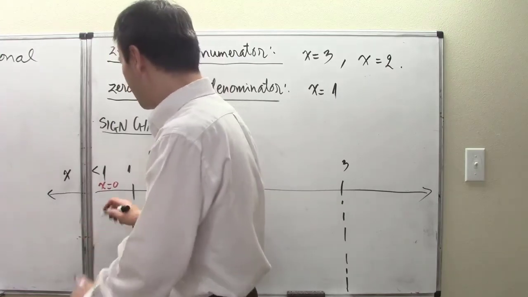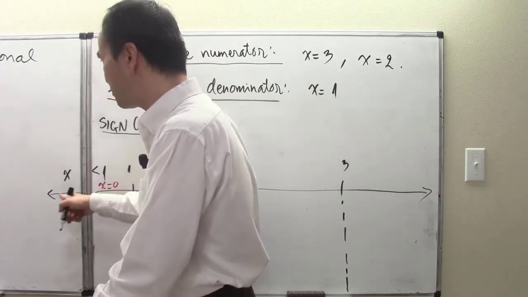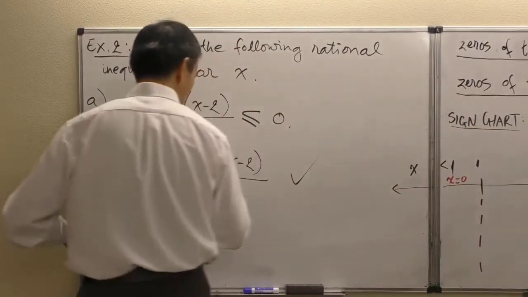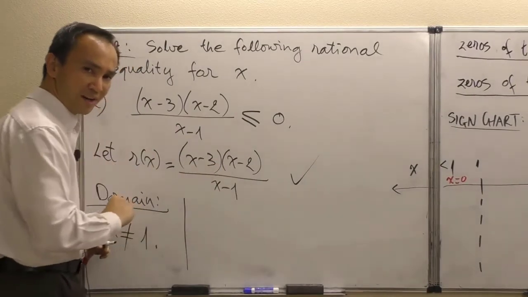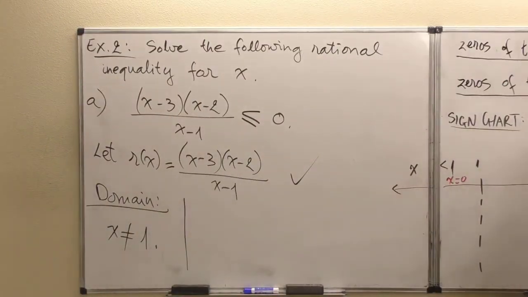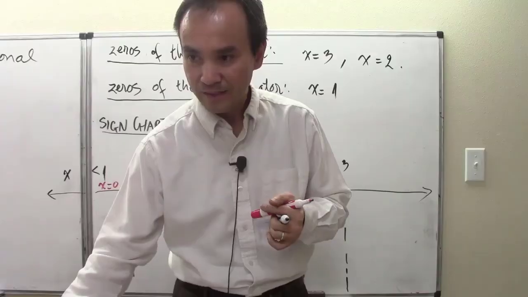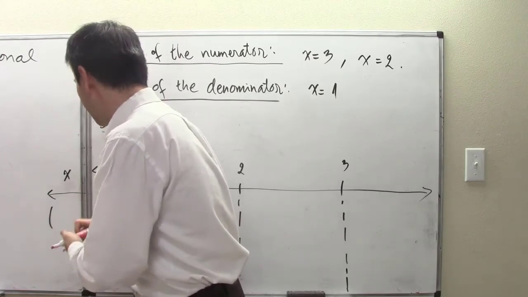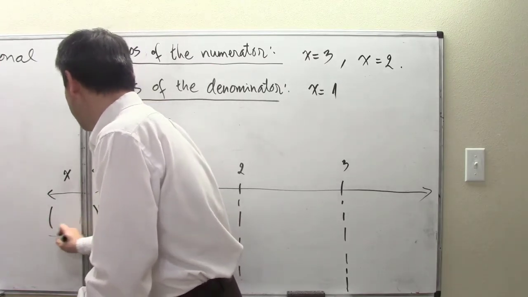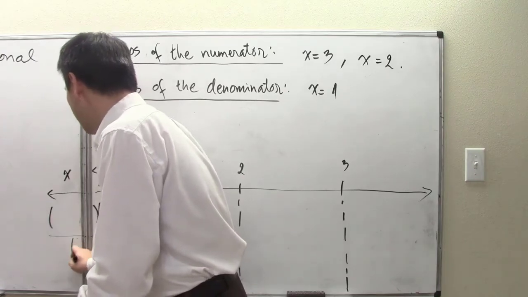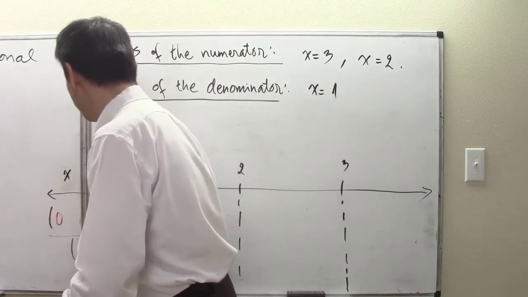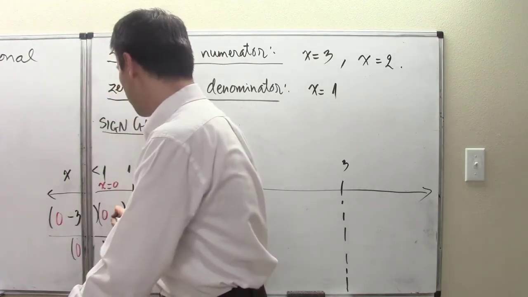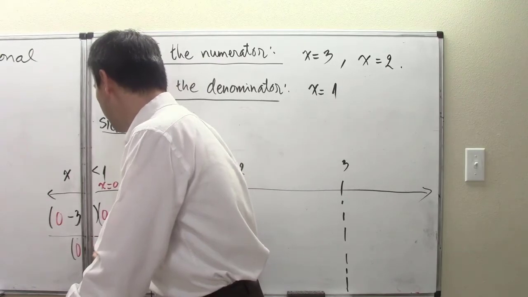So now I'm substituting this into my current rational expression, x minus 3 times x minus 2 all over x minus 1. So 0 substituted in for every x: 0 minus 3, 0 minus 2, and 0 minus 1.